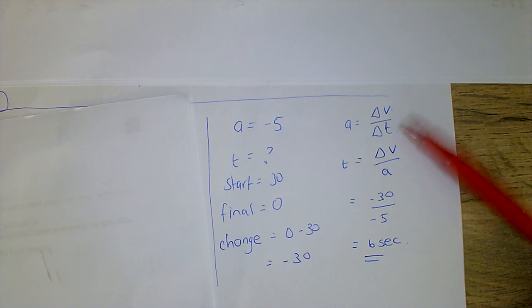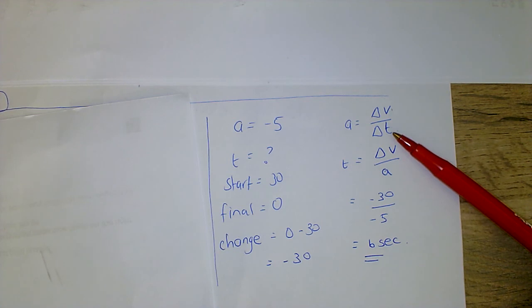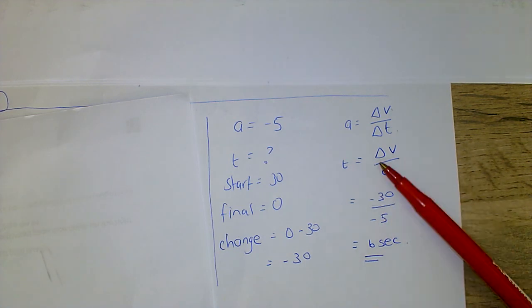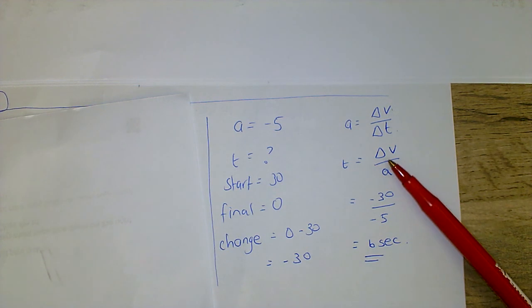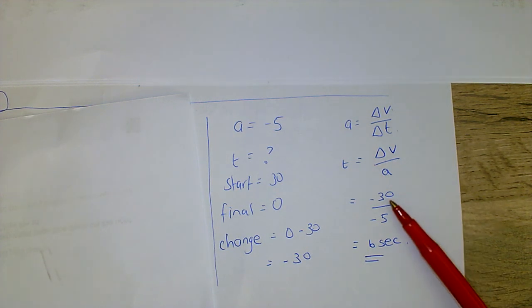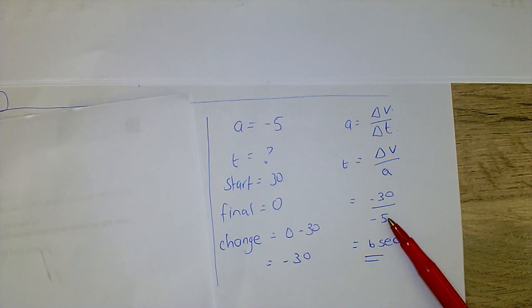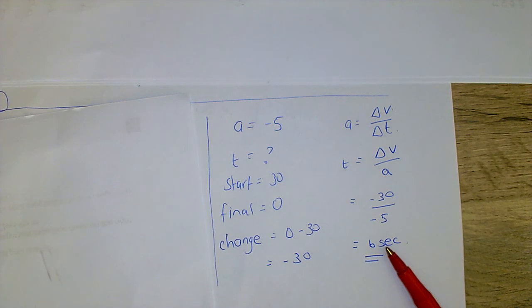Acceleration is change in velocity over change in time. Therefore time is change in velocity over acceleration. I've just rearranged the equation here, and with the same numbers, minus 30 divided by minus 5 gives you 6 seconds. So there are two ways you can do it.